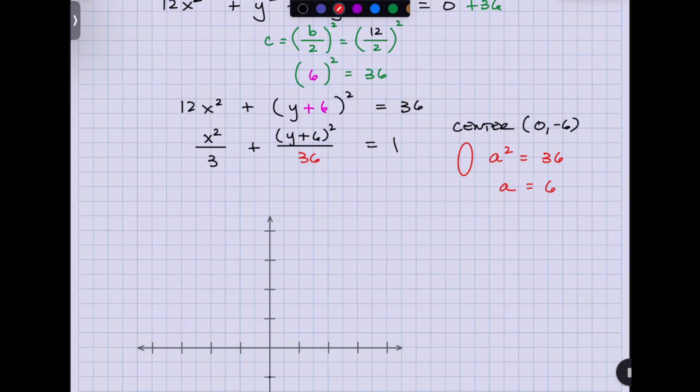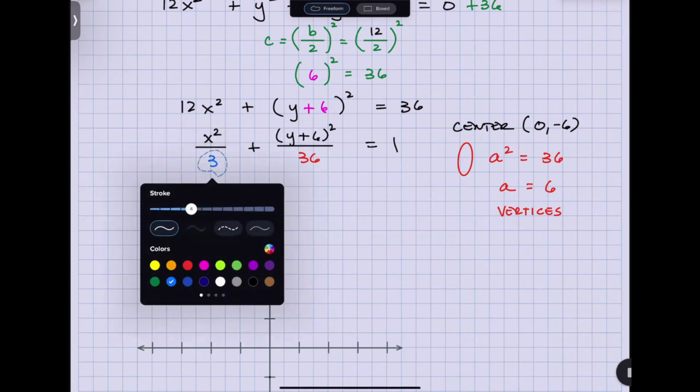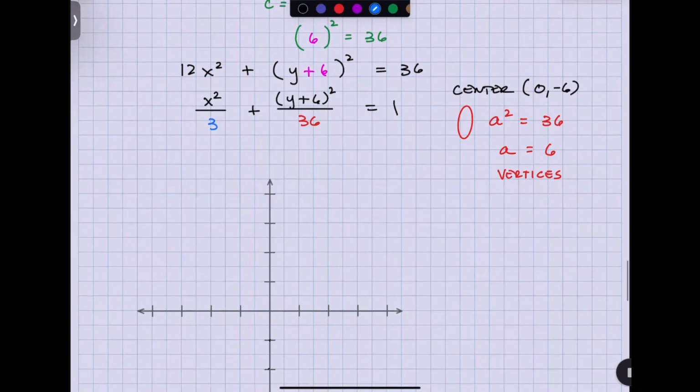That is my vertices. All right? So this right here is my b squared. So b is going to equal the square root of 3, which is approximately what? 1.7? Is that right? Someone check me. I have no idea.